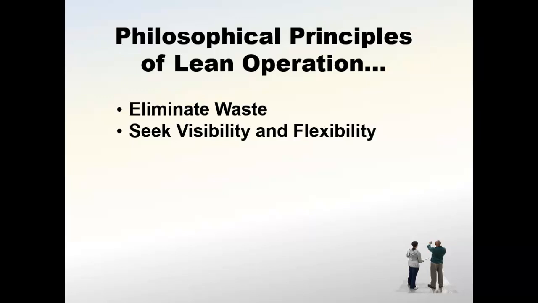Kanban loops are an example of the lean operations preference for visual signaling, making visible the need to produce. Visual systems can be designed for signaling other types of information as well, such as an andon system, which signals when assistance is required in a certain area.